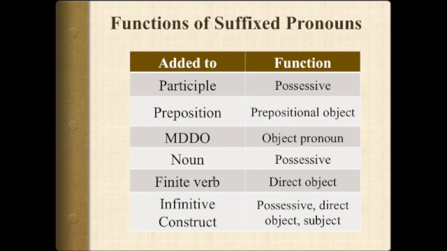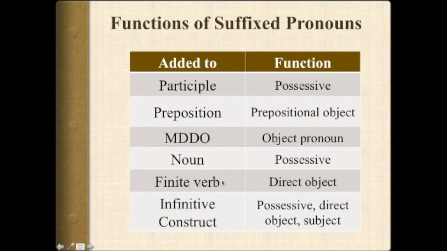So the functions of the suffixed pronouns are basically that with a participle, it is a possessive, just as it is with a noun. With a preposition, it's the object of the preposition. With the marker of the direct object, the definite direct object, it's an object pronoun.